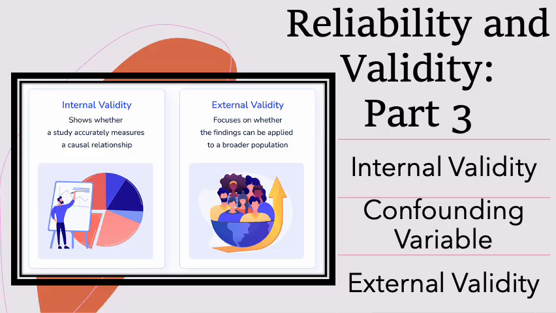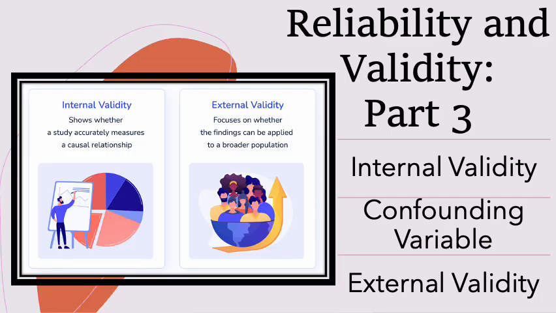Are we able to use these study results to make inferences about the population? And so we want to really be careful because our external validity is also influenced by the characteristics of our sampling, which goes back to the importance of sampling.